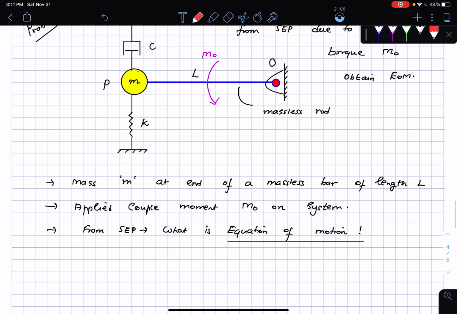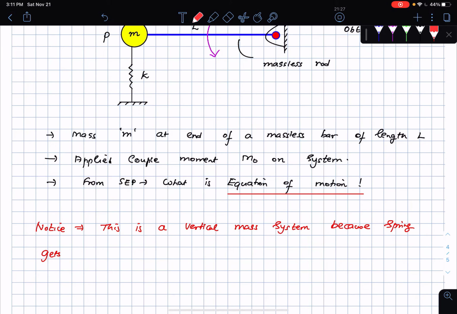So notice this is a vertical mass system because the spring gets statically deflected due to the mass m even before any time varying motion takes place.